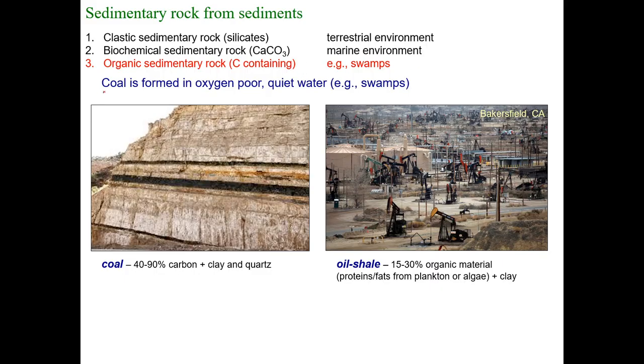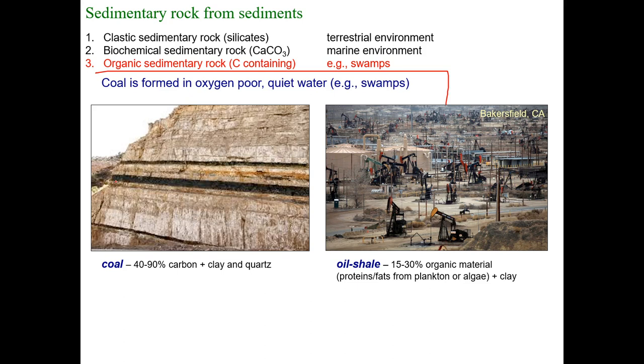The third type is organic sedimentary rock. So here we have coal and oil shales, the two examples I give you here. Coal is basically the ancient remains of plant life that has undergone something called heat distillation.